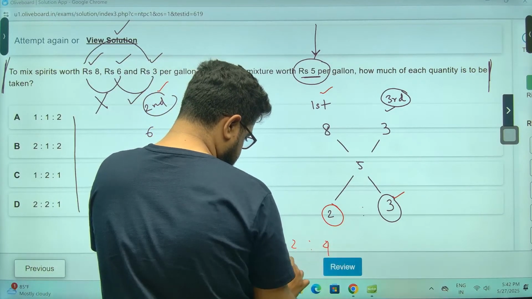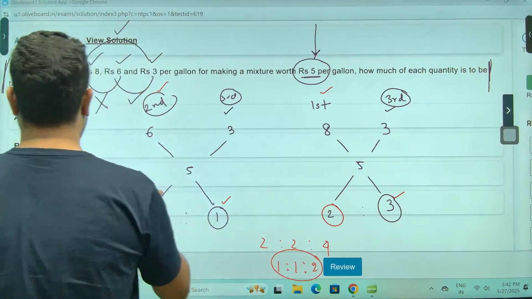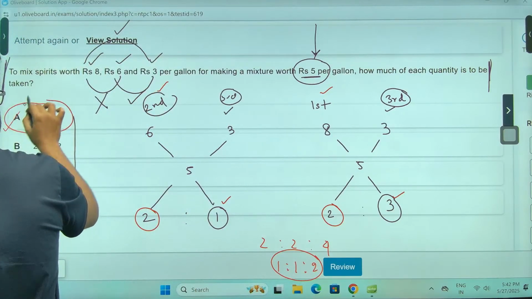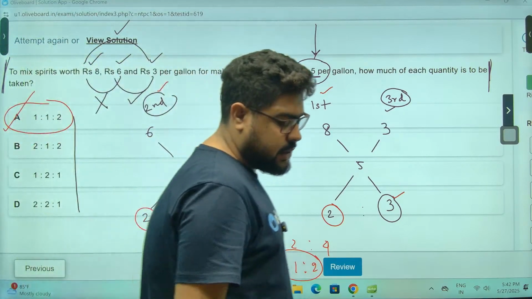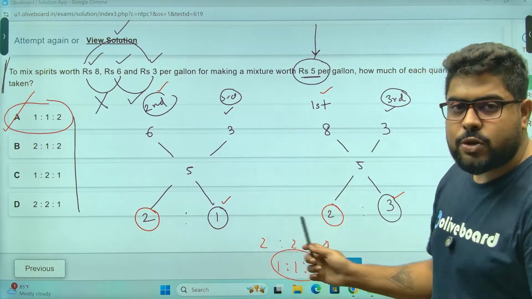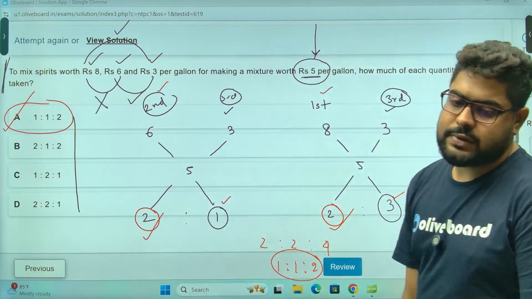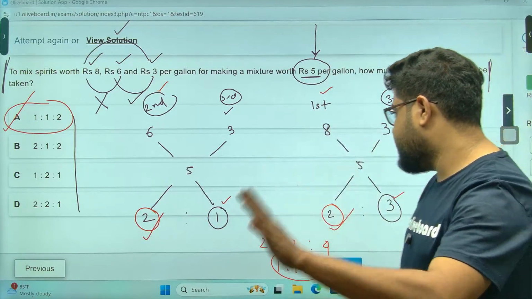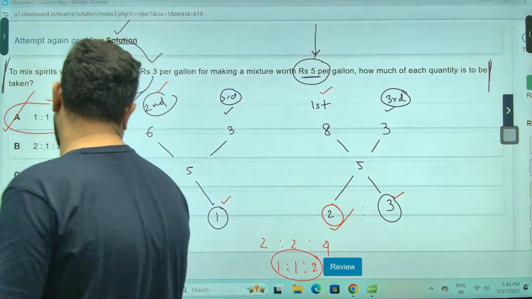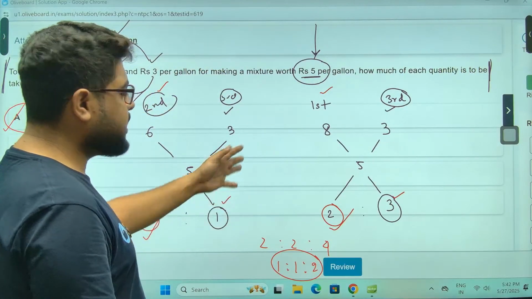If I take this, is 1 1 2 in the options? Okay, this is there. Oh, my mistake. I was saying that it should be equal. It is equal already. I have not seen it. My mistake, my mistake, my mistake. I messed this up.